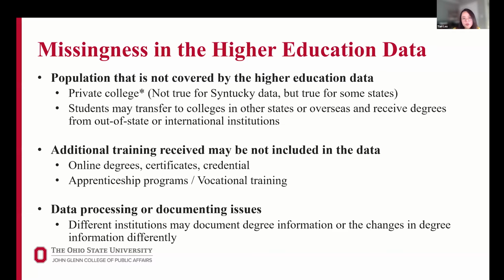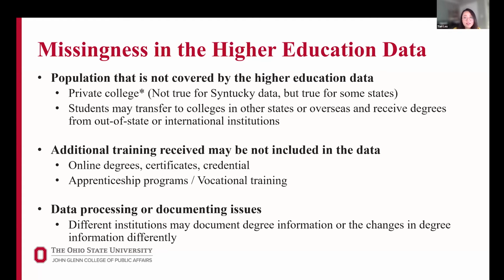However, what if students transfer to colleges in other states or even overseas and receive degrees from those out-of-state or international post-secondary institutions? If your focus is really anybody who ever attended college in Kentucky, then essentially you would not have this group of people in your data.